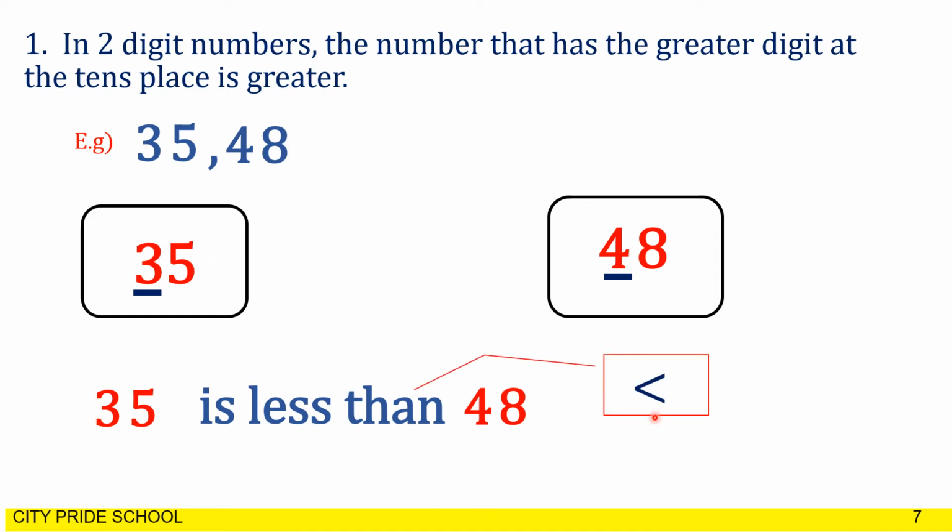See this symbol, right? So we are going to put the symbol: 35 is less than 48. And always remember, as I told you, the pointed part will always be towards the smaller number, right? See, this pointed part will always be towards the smaller number.